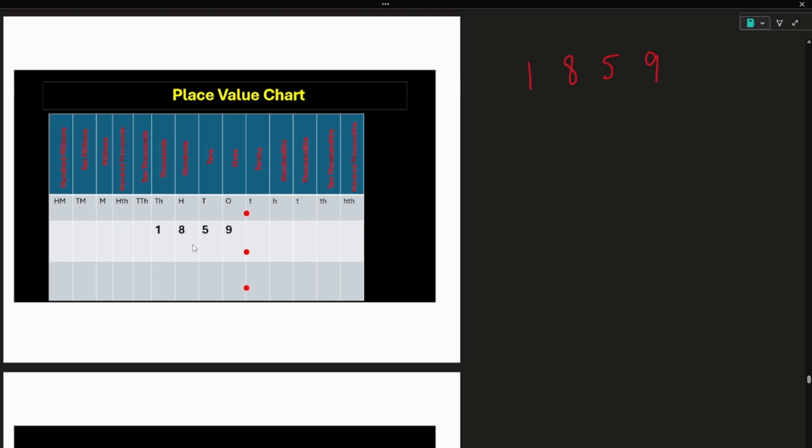In 1859, the digit in the 100 place is 8. And this is the digit we'll be rounding up or down depending on the digit on the right. Now, if we look at the digit to the right, which is the digit in the 10th place, we find that the digit in the 10th place is 5.